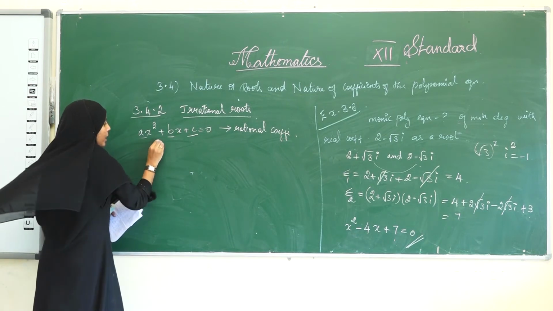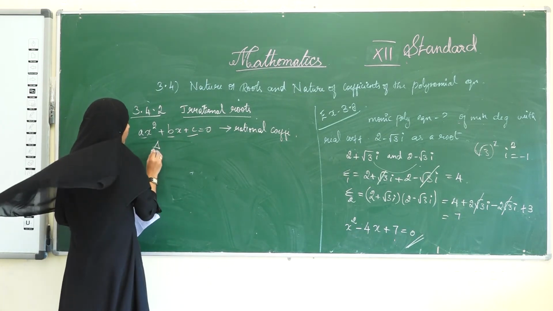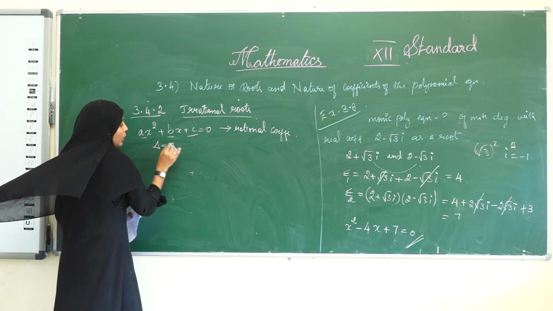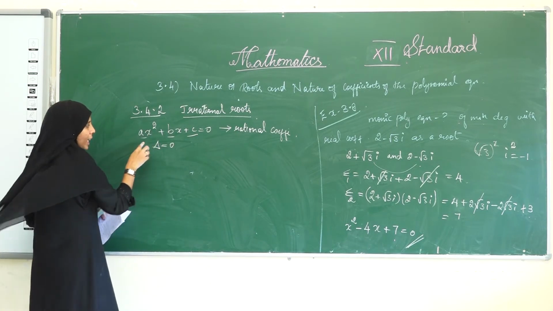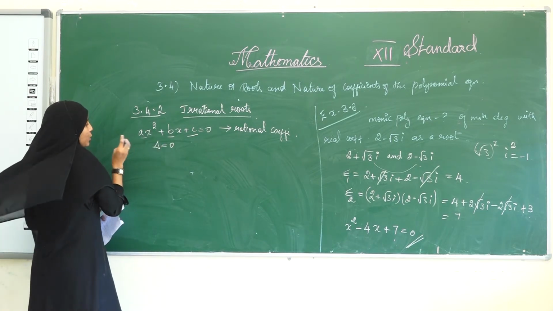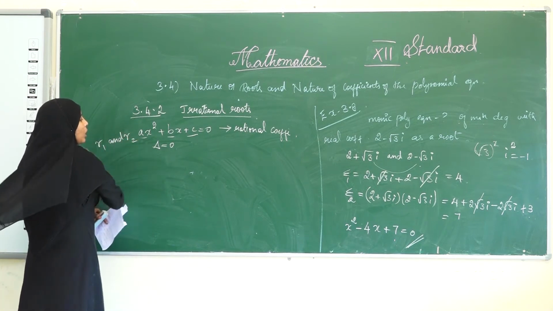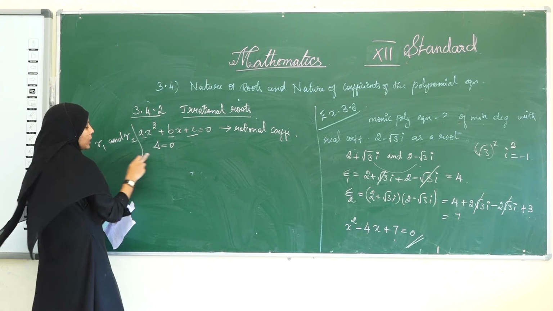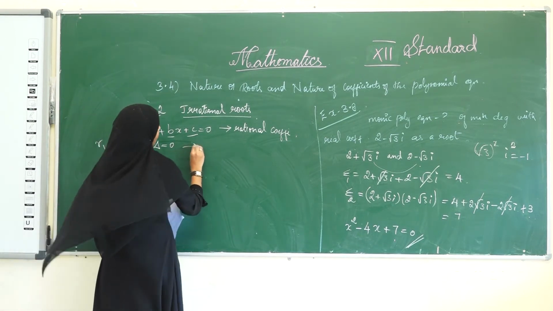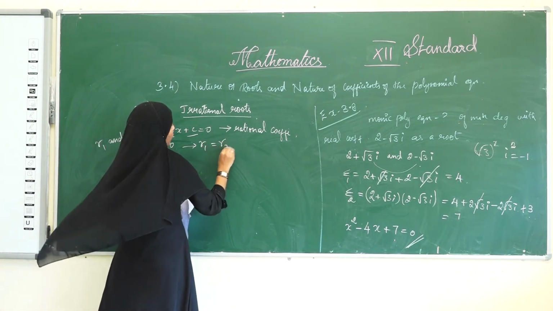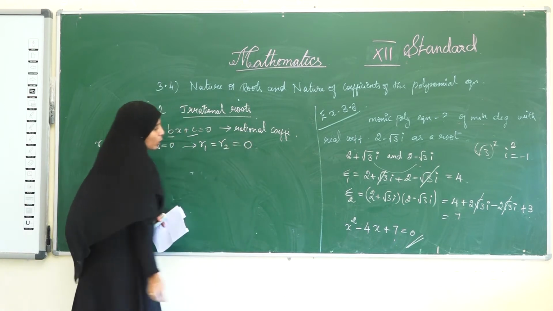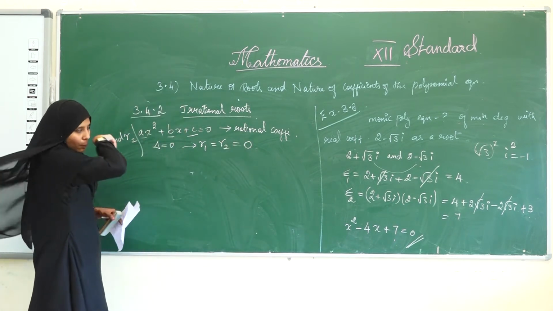Through this we can find the delta, that is the discriminant value. Suppose the delta value is 0, and this has two roots, right? Since it is a quadratic equation, this has two roots, that is r1 and r2. So, the delta value is 0 and the roots r1 and r2 will be equal. See, we have seen this in the 3.1 chapter itself.